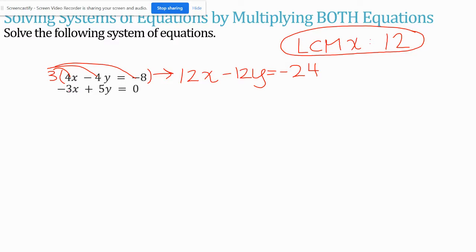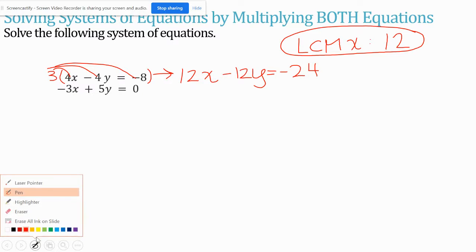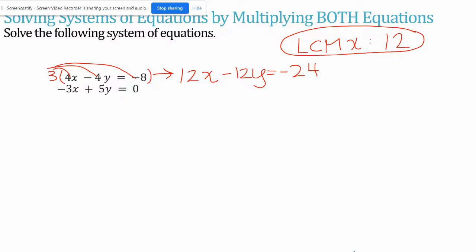So what number do I have to multiply by for this to become a -12? So I'm going to do that same process. I'm taking my LCM 12 and I'm dividing it by 3. And that gives me 4. So I know that I'm going to multiply this bottom equation by 4. So I'm going to multiply everything by 4.